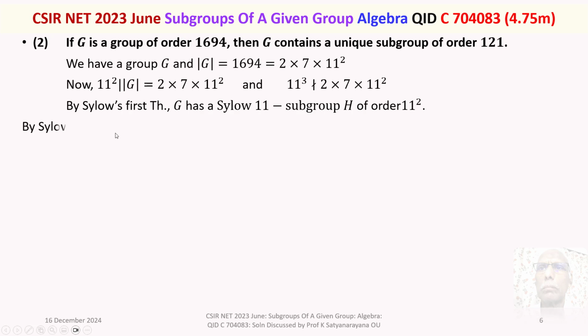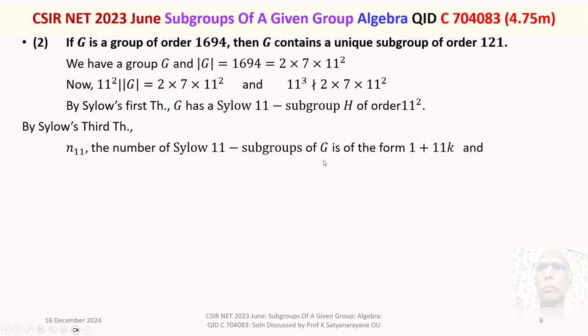We apply Sylow's third theorem. By that, N11, that is the number of Sylow 11 subgroups of G, is of the form 1 plus 11k. N11 is of this form and N11 divides order of G, that is 2 into 7 into 11 square.